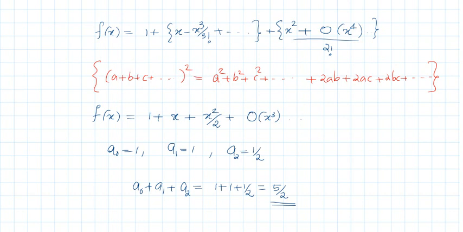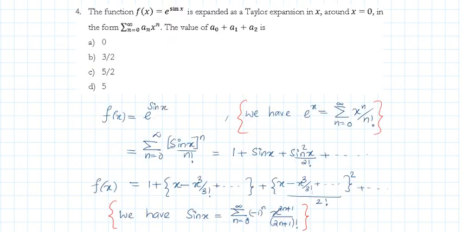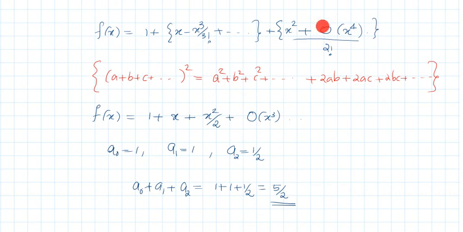That becomes a square plus b square plus c square plus etc. Then you have 2ab terms, 2ac, 2bc etc. So this curly bracket square will contribute an x square, that is the lowest power. All other terms will be higher orders in x. So combined together I will write it as order of x raised to 4. Only x square is there. The rest of the terms are of the order of x raised to 4. We are not interested in that. We need only coefficients up to x square.